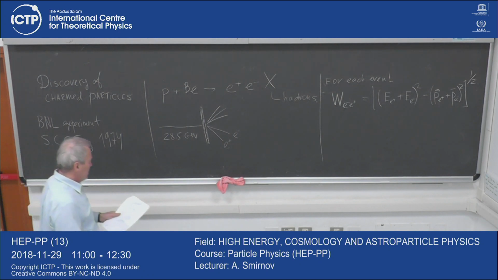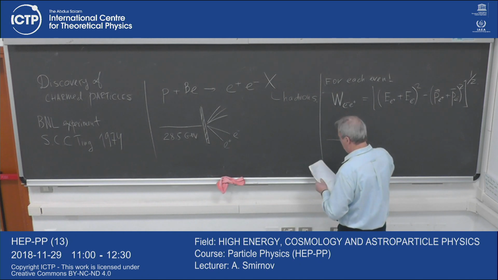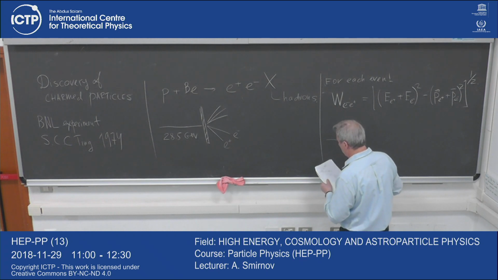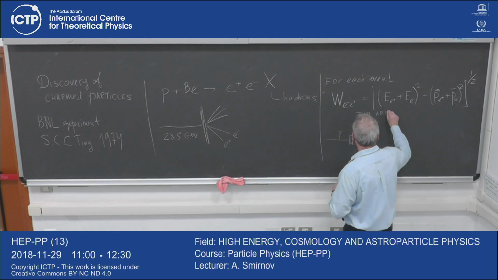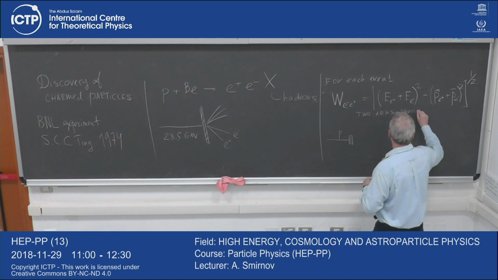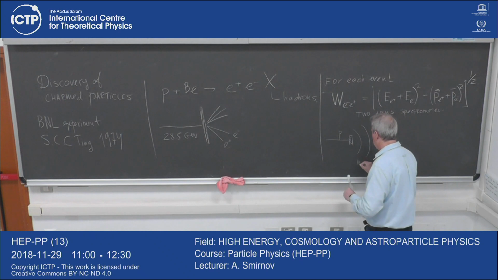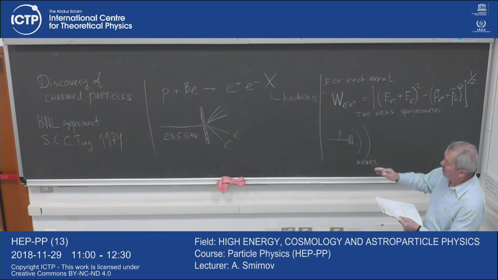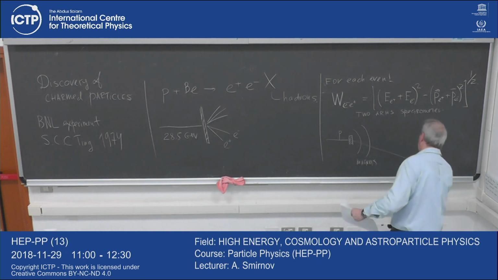Now to measure all this, let me maybe draw very schematically the experiment. It was this proton beam. And then the apparatus was quite more complicated than before, so he used a so-called two-arm spectrometer. You have the target, then the system of magnets, which separate electrons and positrons, so electrons are moving in one direction, positrons in another direction.